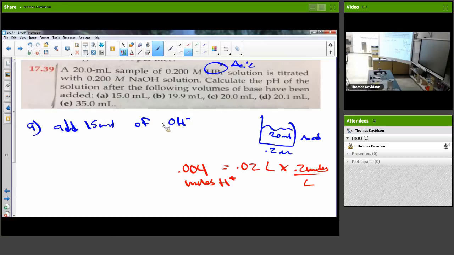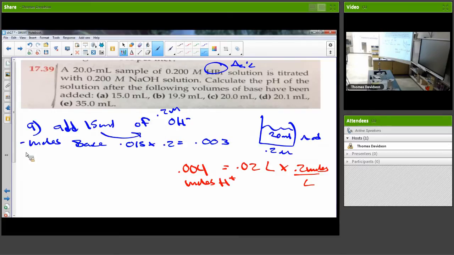So what we would do, I should have written here, 15 milliliters of 0.2 molar OH. So for part A, you calculate the moles of base, which is just 0.015 times 0.2, and that's 0.003. The next thing you would do is you would find excess.